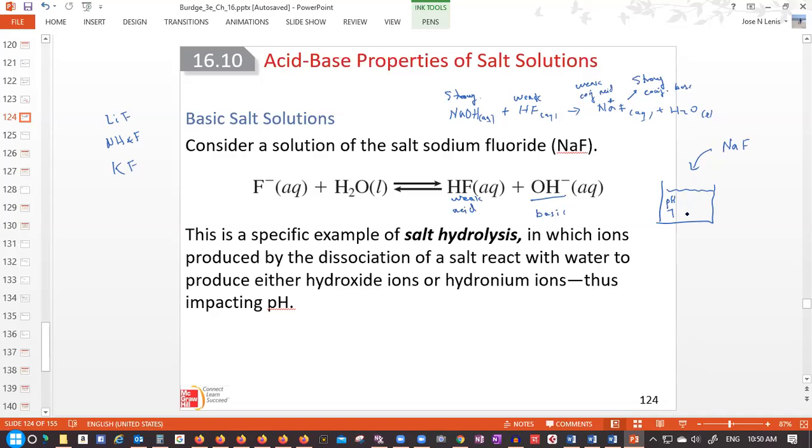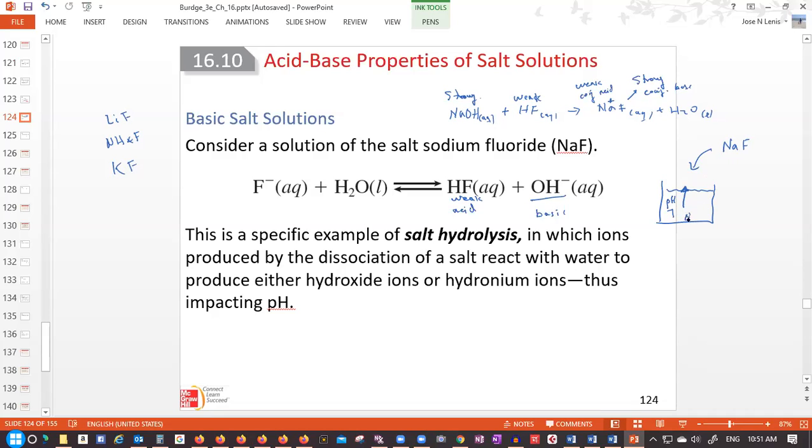The question is, is this pH going to change when we add NaF to make an NaF solution there? The answer is yes. So how is the pH going to change? Is the pH going to increase or decrease? The answer is the pH is going to increase once we add NaF.